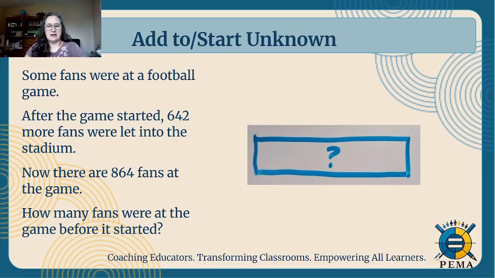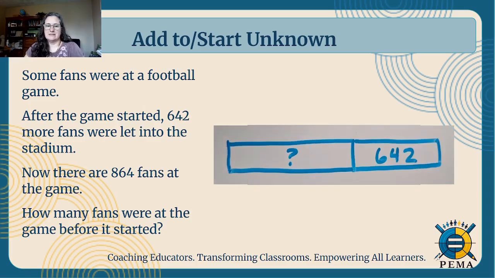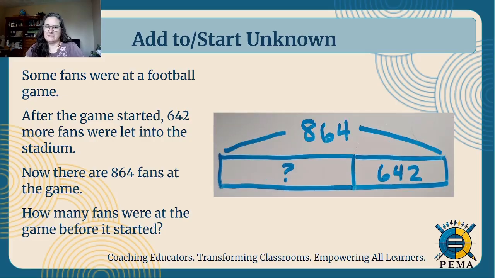So we know at the start we have some fans there to watch the football game. We know after the game starts, 642 more fans are let into the stadium. The story tells us next that after the 642 more people came in, all the people in the stadium totaled 864.